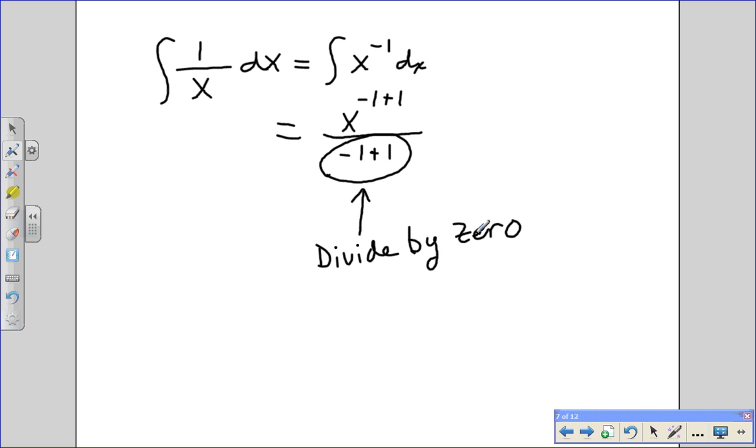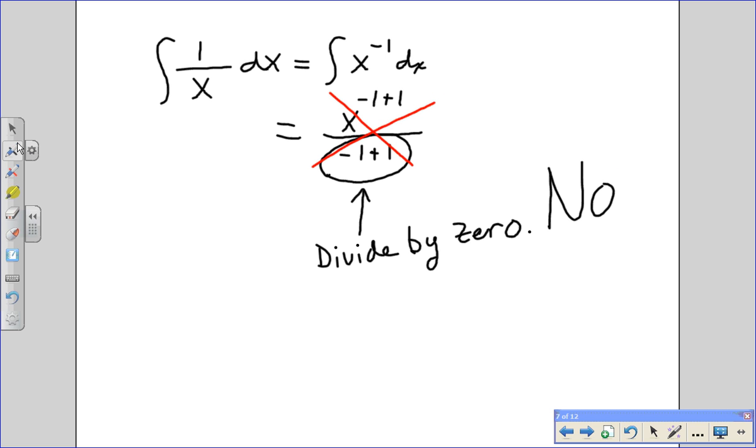And you can't do that. So when you run into a situation like this, where you've used the usual rule and you end up dividing by 0, you have to stop and think, I must be doing something wrong. And this is not the way to do this problem, of course.